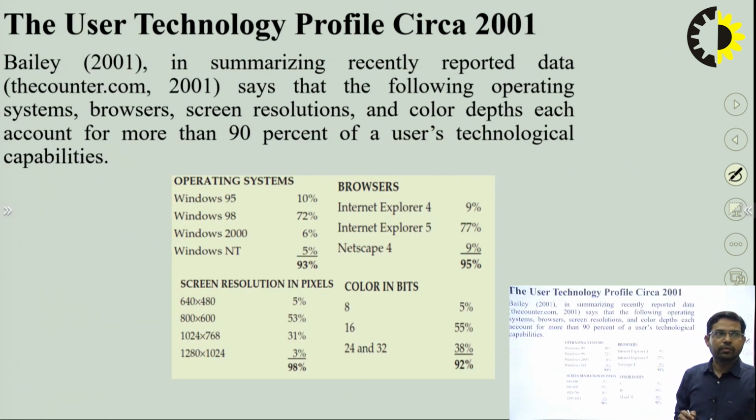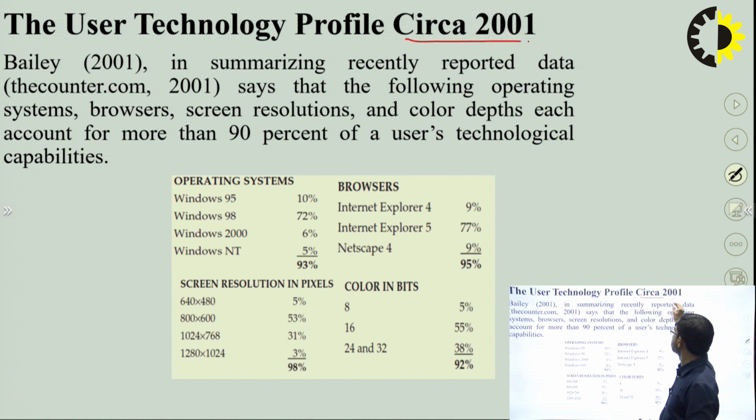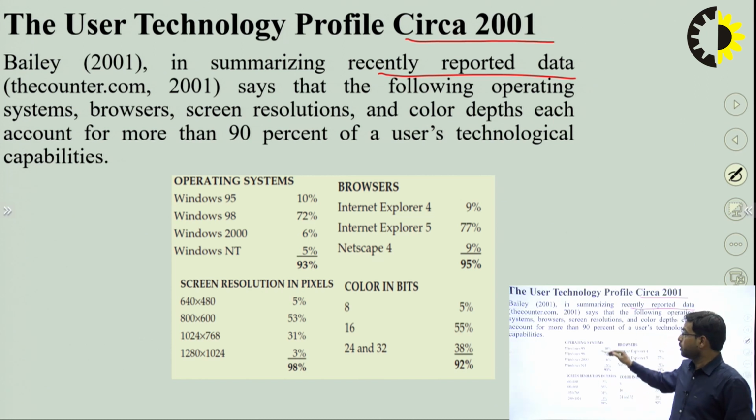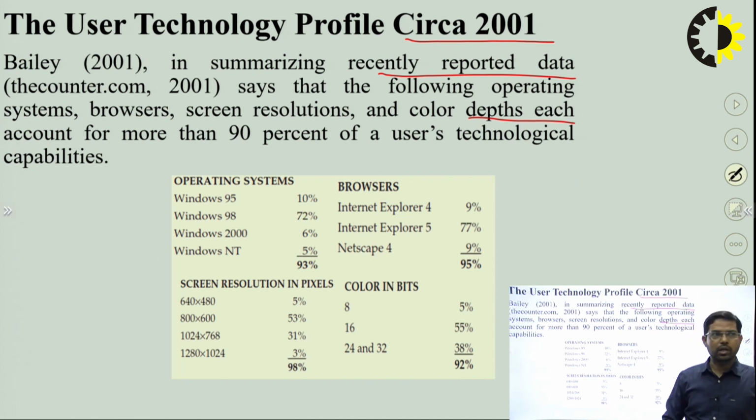If we talk about the user's technology profile, circa 2001, summarizing recently reported data, counter.com 2001 says that the following operating system, browser, screen resolution and color depth each account for more than 90% of user technology capabilities.